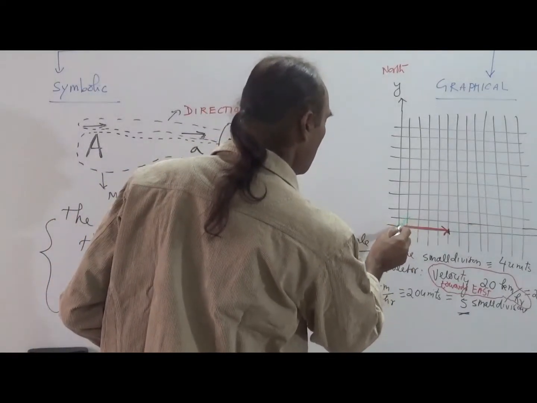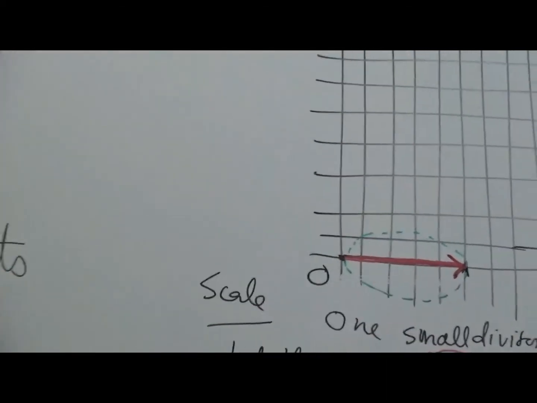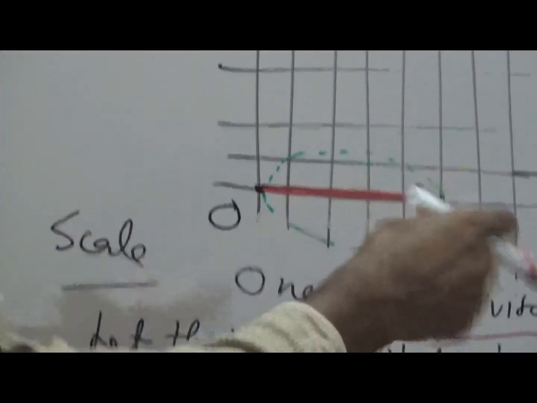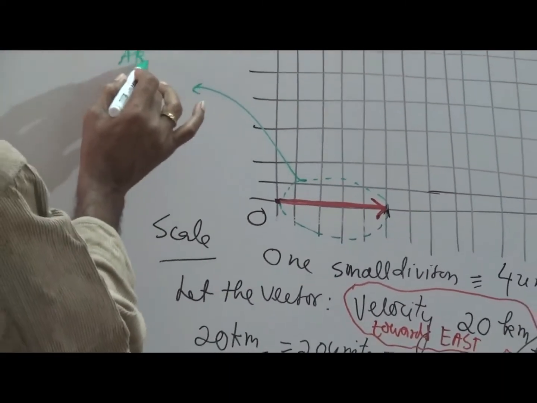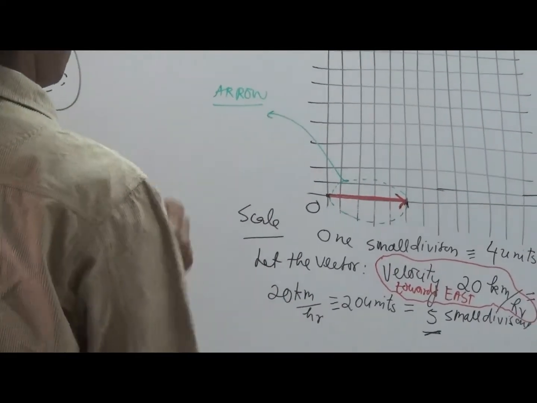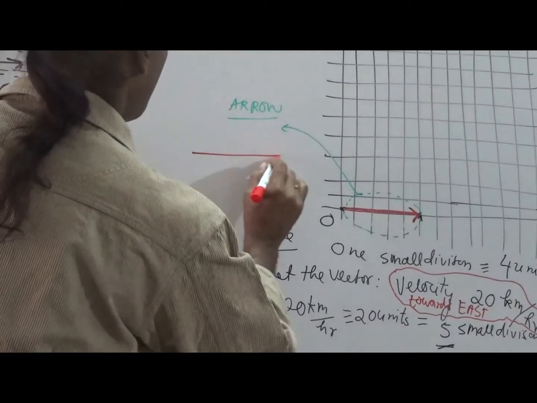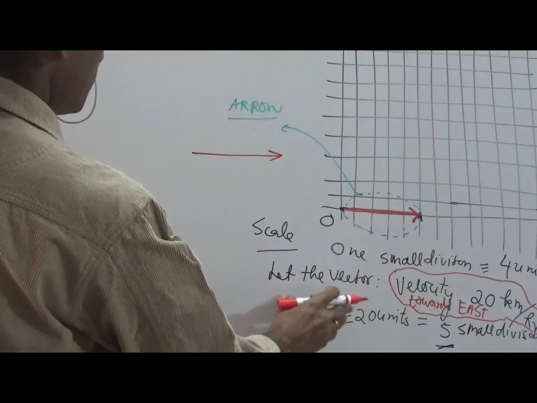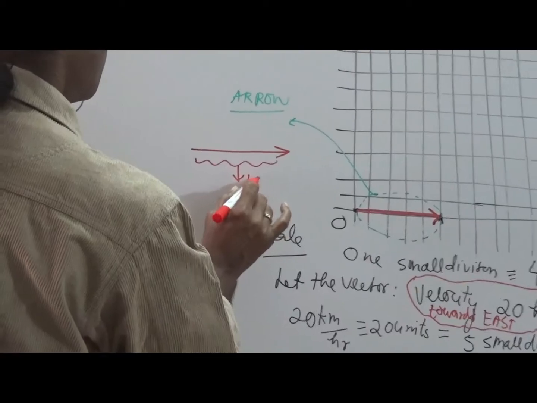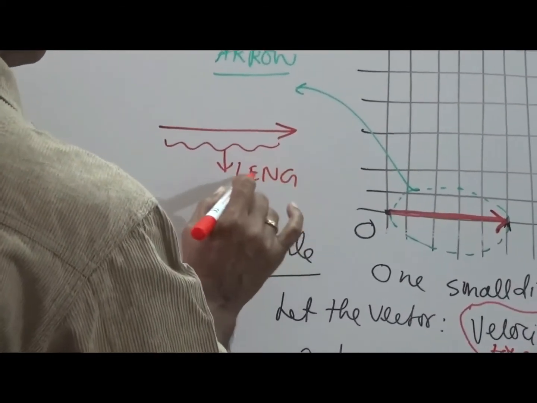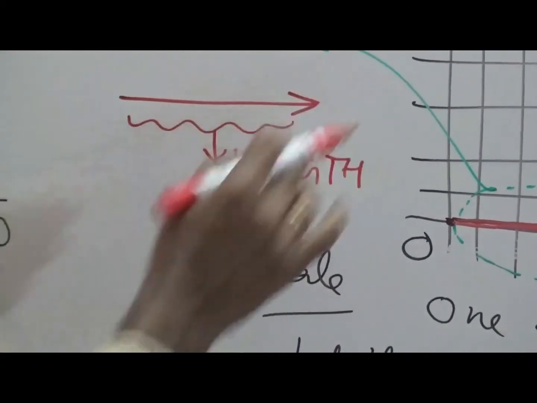In the graphical method, with a proper scale, the vector can be converted to an arrow. This arrow has a length according to the scale, and the tip itself gives the direction.